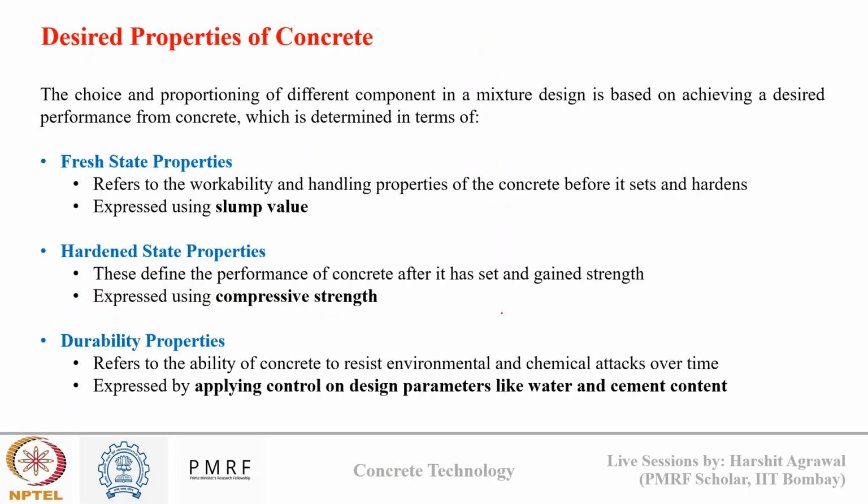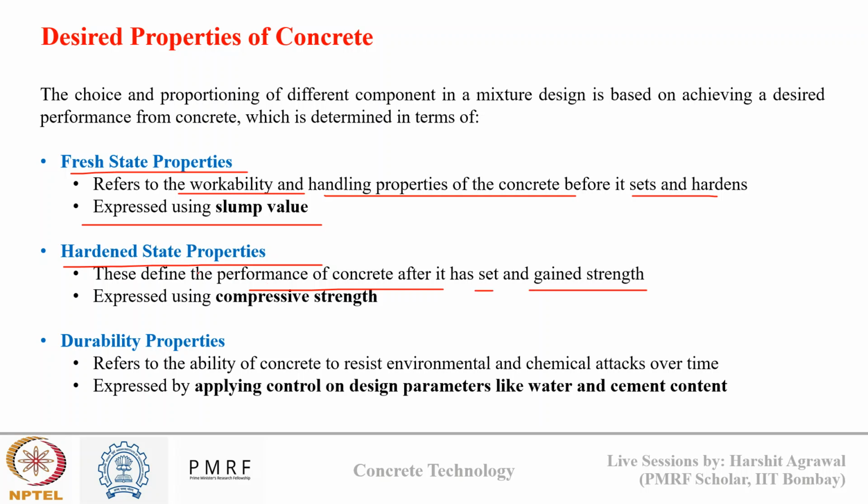Now, the choice and the proportioning of these components depend on what properties we want from concrete. In the fresh state, properties refer to the workability and handling properties of concrete before it sets, and we express them in terms of slump value. In the hardened state, we define the performance of concrete after it has set and gained strength, and we represent hardened state properties by compressive strength.